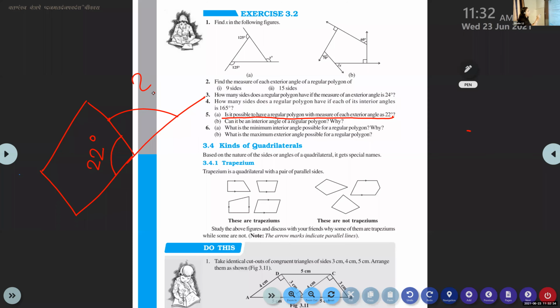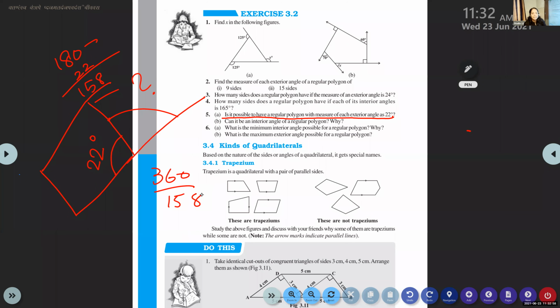Since it is a linear pair, 180 minus 22. What is our answer? 158. Can we divide 360 by 158? No, that is not possible. So the exterior angle cannot be 22, and the interior angle also cannot be 22.